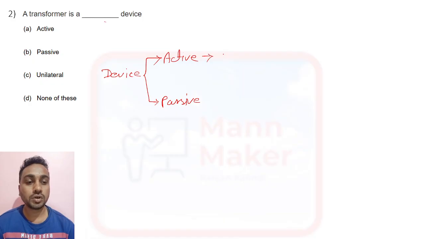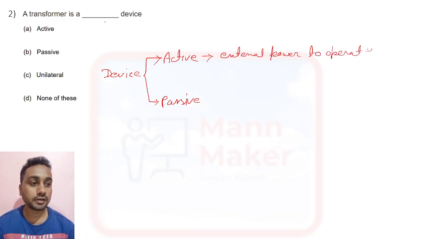Active device means which requires external power to operate. And in passive, no external power is required to operate.